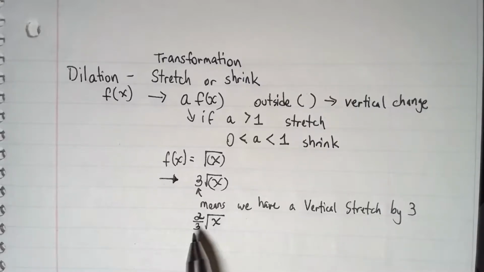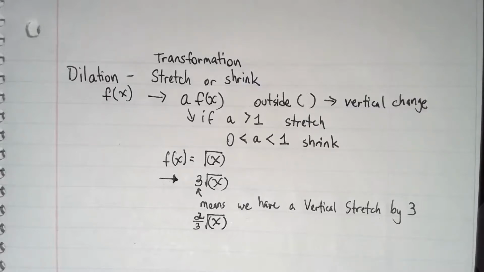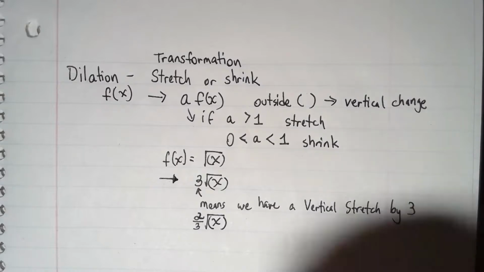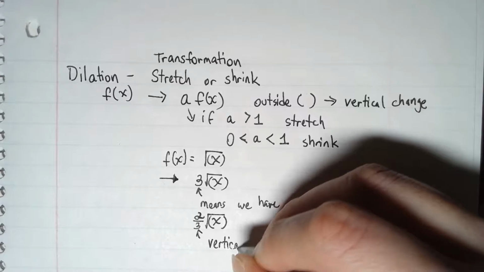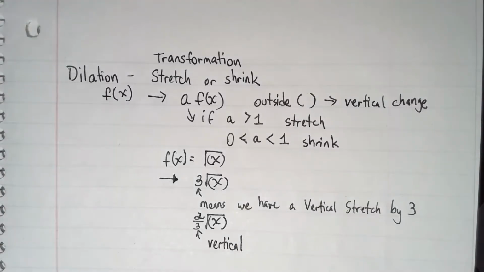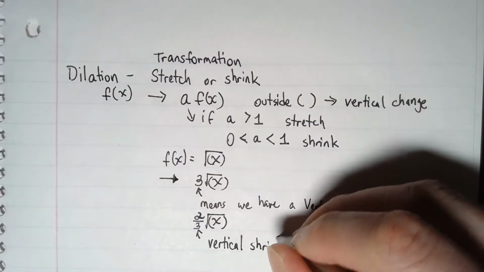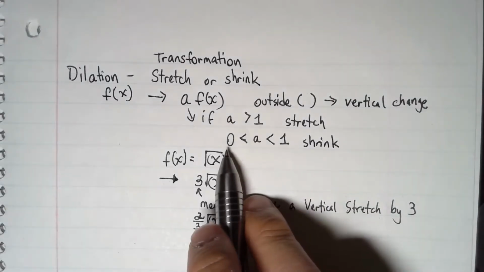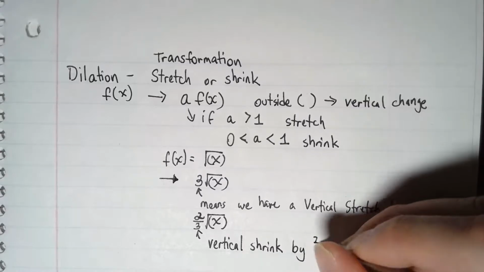So it is still outside the parentheses, and once again, just to emphasize, let me draw the parentheses for you right there. It's clearly outside the parentheses, so that means we have a vertical change, and we know it's a dilation because it's multiplying. Now, what kind of dilation is it? We know it's a shrink, because 2/3 once again is between 0 and 1. So it's a vertical shrink by 2/3.